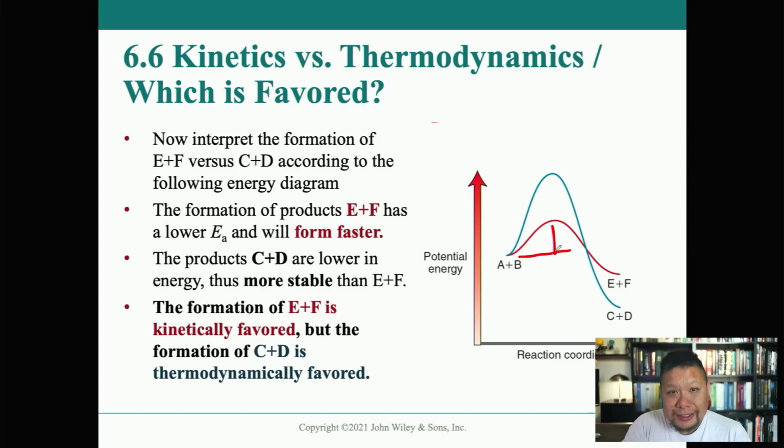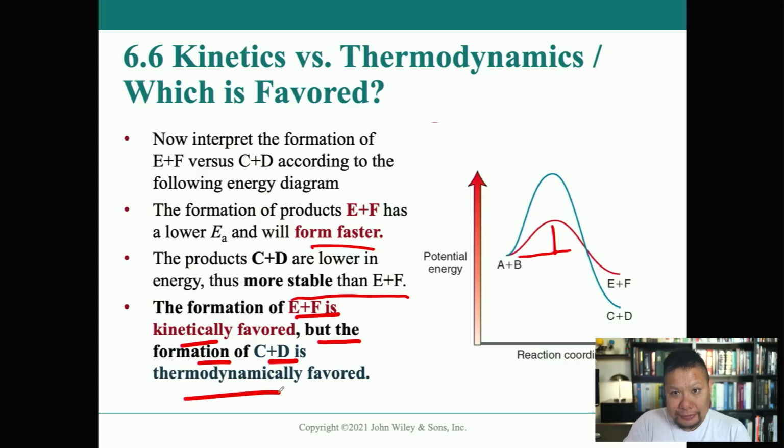Thus, E and F will form faster. Then C and D are lower in energy, thus more stable than E and F. So the formation of E and F is kinetically favored, but the formation of C and D is thermodynamically favored.